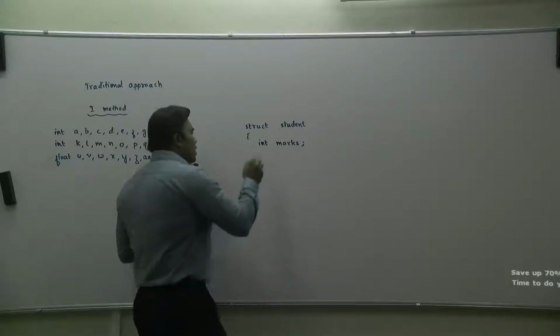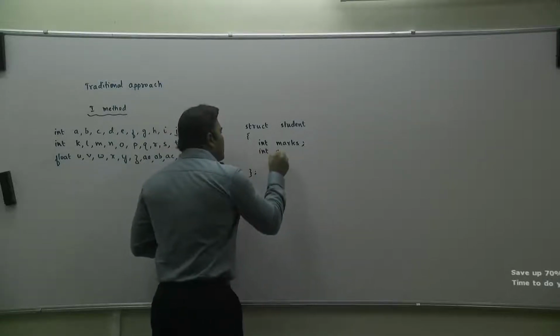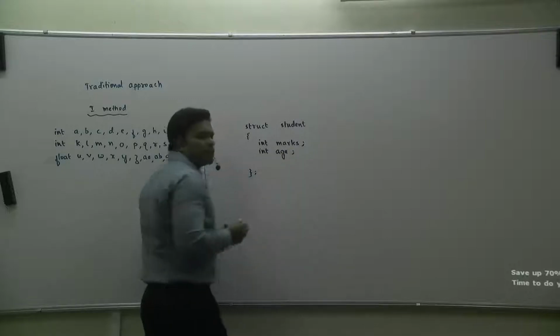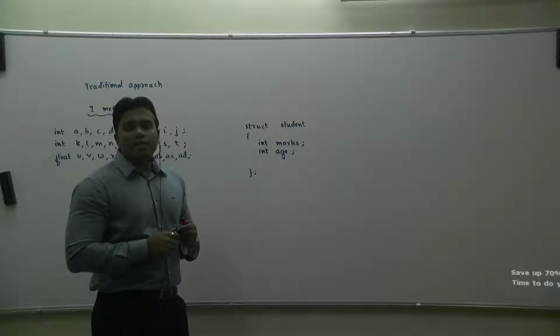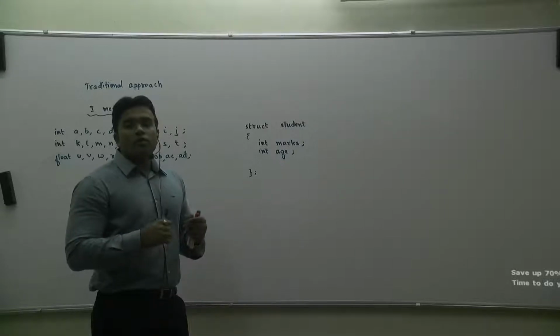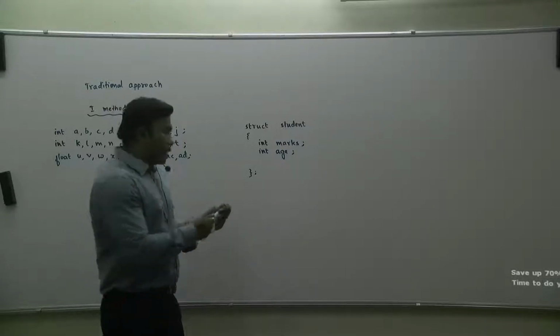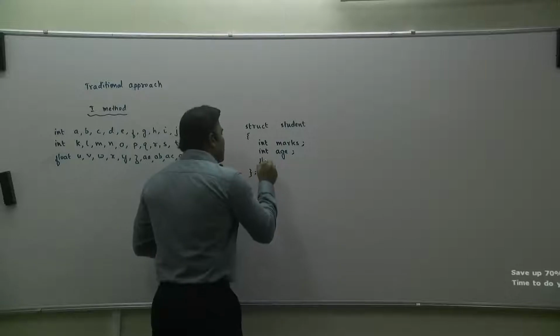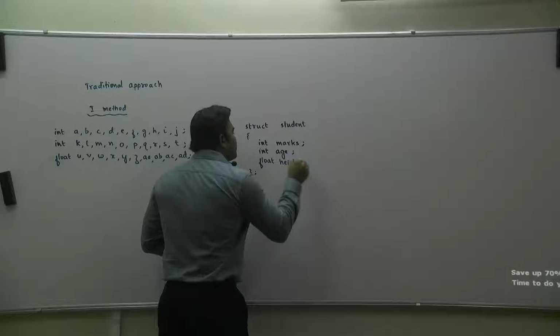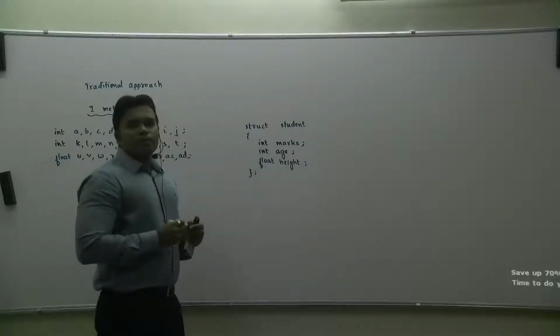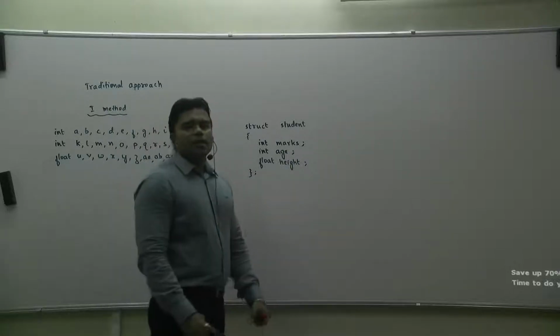So he wrote, int age. Next, he asked people, what else would you like to store about the students? People told, we also want to store the height. Then Dennis Ritchie told, okay, like this, float height.